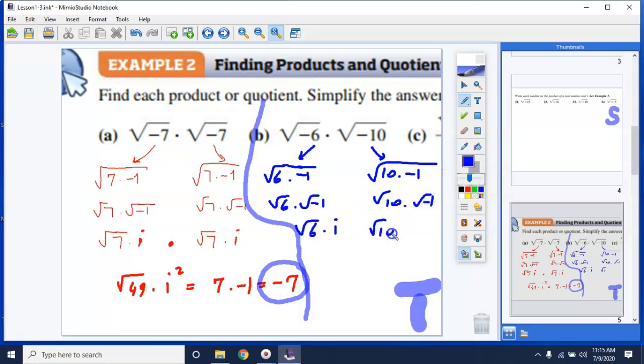It should be square root of 10 times i. So let's multiply them. Square root of 6 times square root of 10 is square root of 60, times i squared. This one we can just leave as square root of 60, but i squared was negative, so this should be negative square root of 60. We can leave it like this, or you can put it in a calculator to see your final answer. Right, that's how we do it.